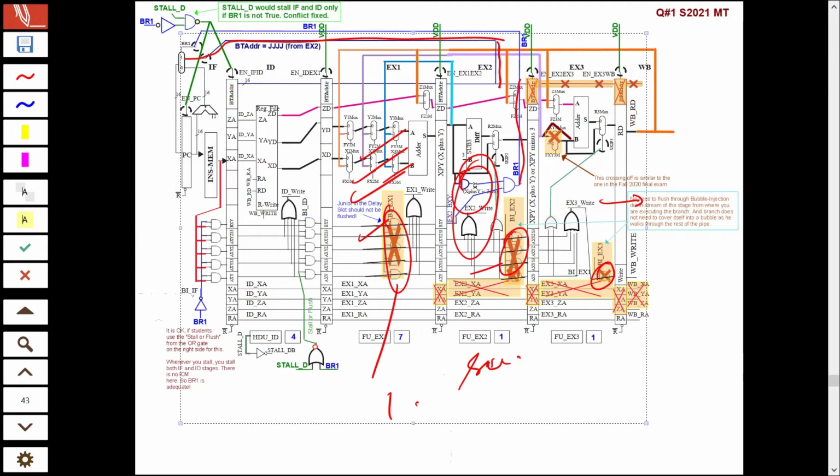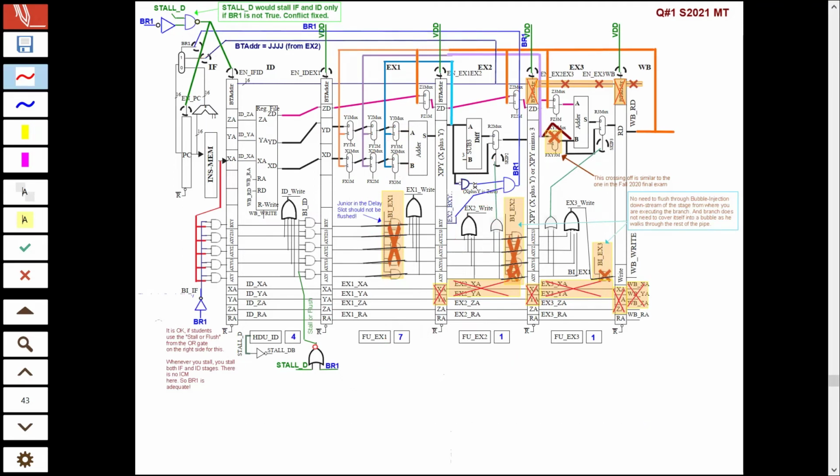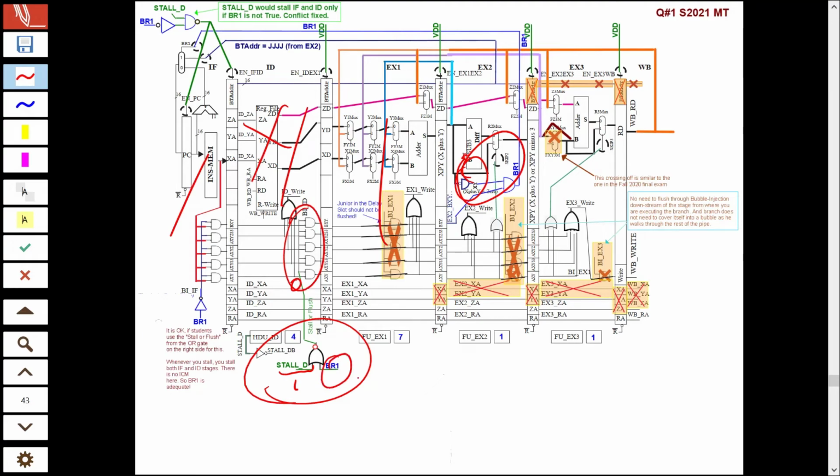Okay, next, what else do I have? What is this? If stall dependency is true, I will stall and inject a bubble. But you guys do not have a right to stall if I say you guys get out. The successful branch can override. So you can stall only if it's not a case of defying the authority of a successful branch.